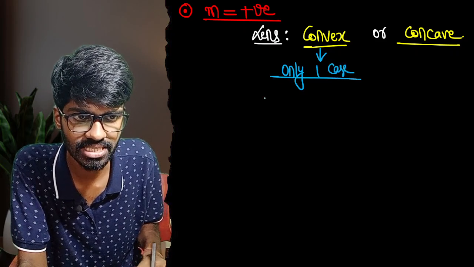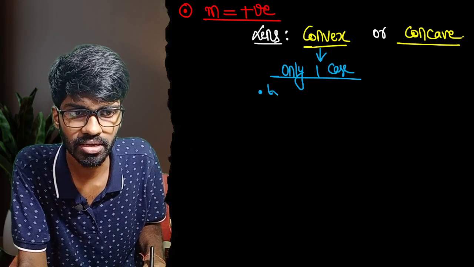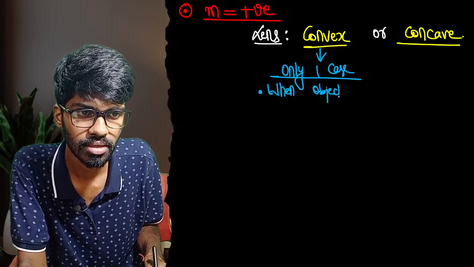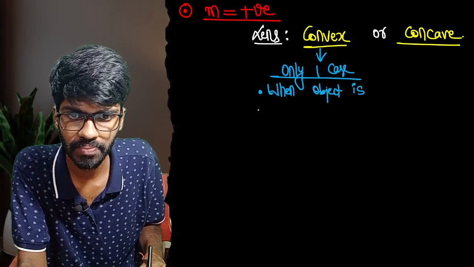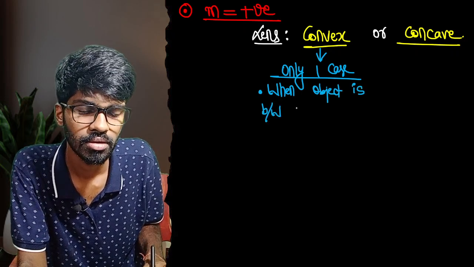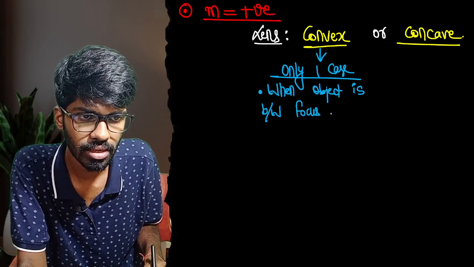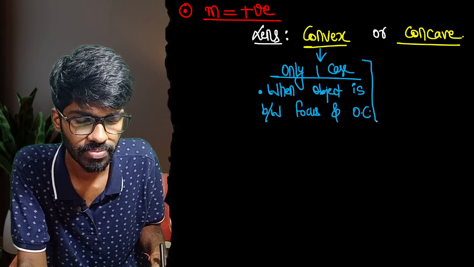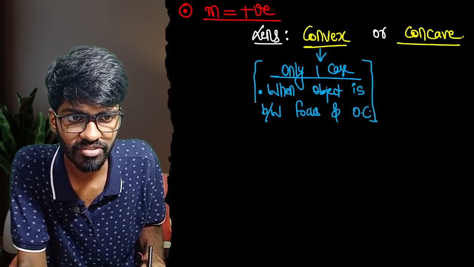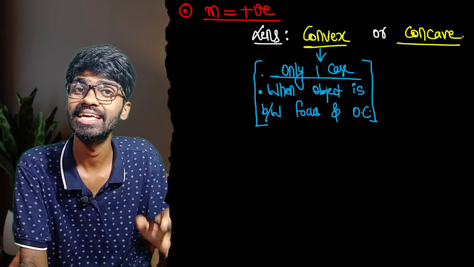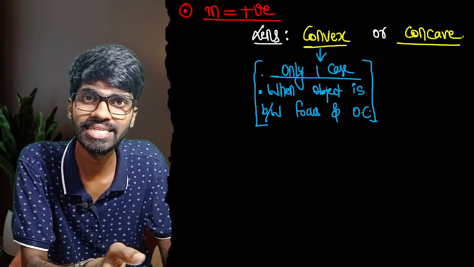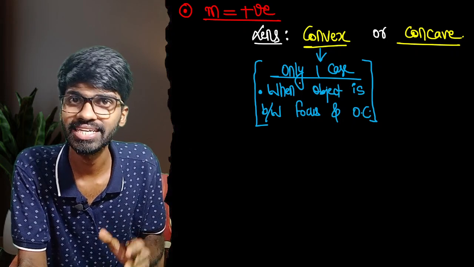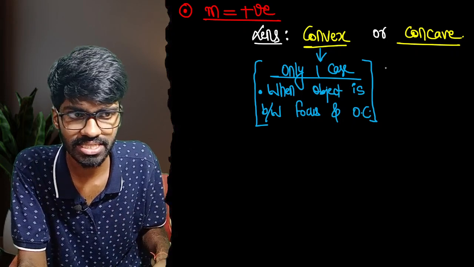Let's discuss that further. When the object is between focus and optical center, this is the case. If the magnification is positive and the lens is convex, then the only possible case is when the object is placed between focus and optical center.